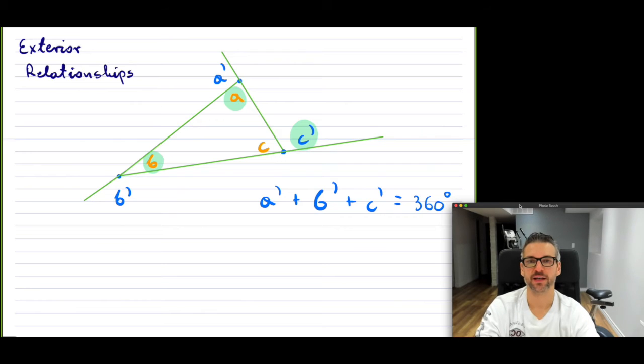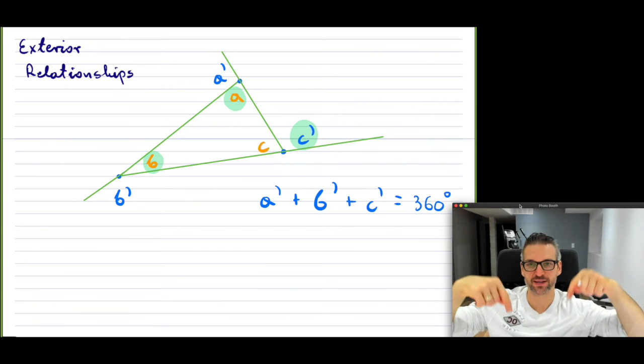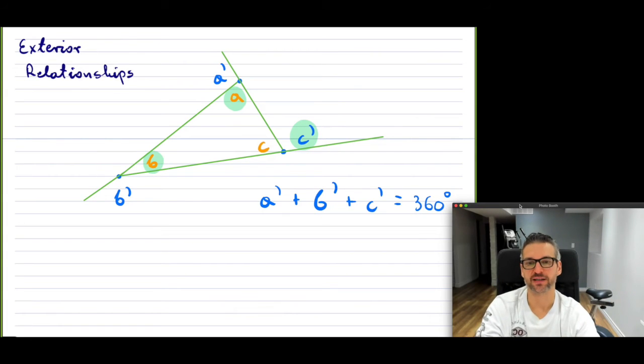There is a relationship which goes hand in hand: A plus B has something to do with C prime. I'm going to let you think about that one, and maybe someone can put it up in the comments, because it's another useful one to know.